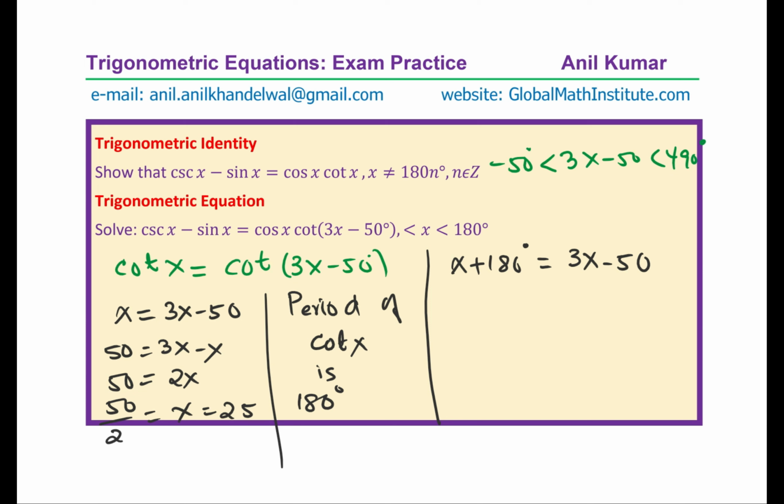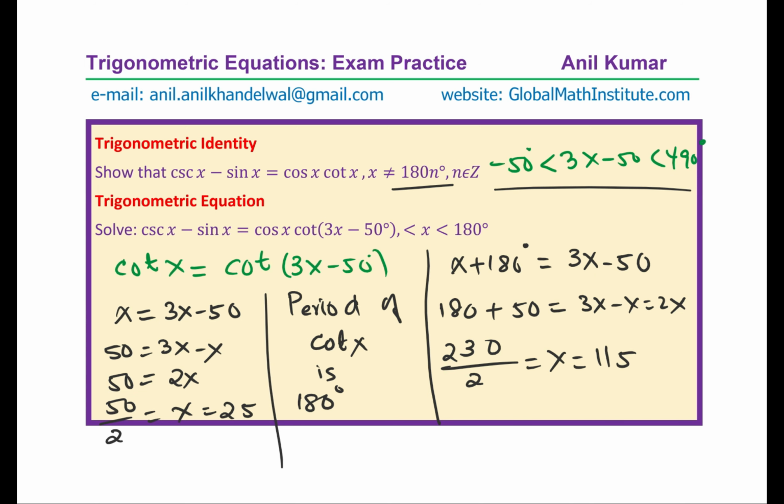So that helps you to get more solutions. 180 plus 50 is equal to 3x minus x, which is 2x. And that is 230. 230 divided by 2 is the value of x, and that gives you 115. So within this interval of 0 to 180 degrees, we get more solutions, right?